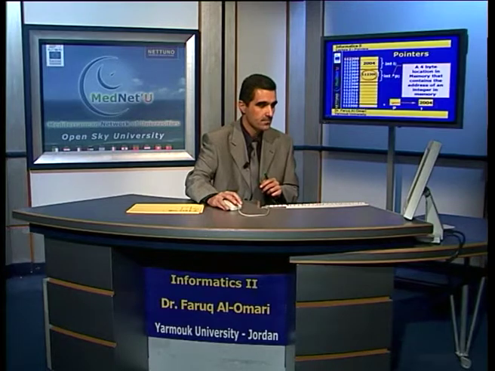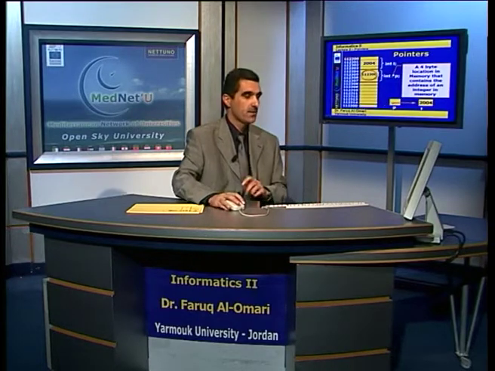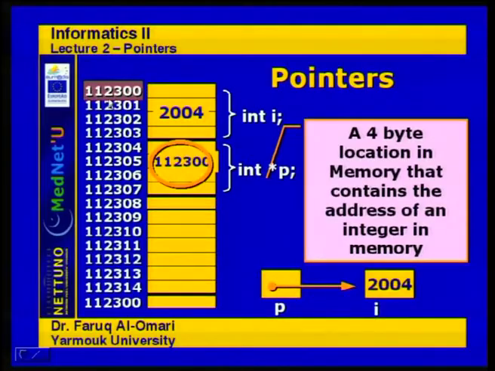All right, so here's the picture. This is the address we're talking about. When I say integer i, it's a variable of type integer, and it occupies 4 consecutive bytes in memory, and i refers to the value stored there. The address of i is this. And of course, since it's 4 bytes, it covers this, this, this, and this.